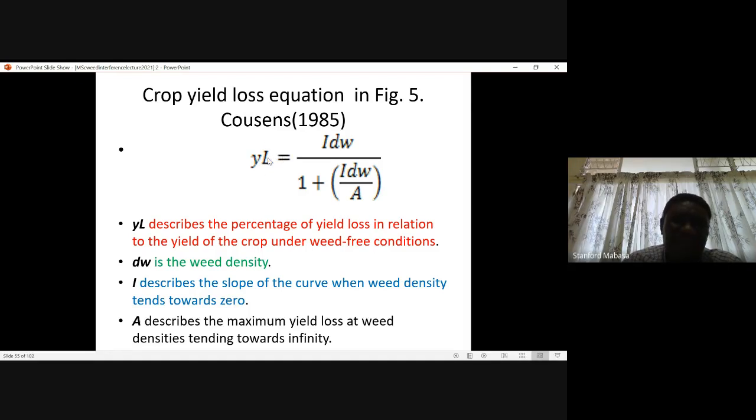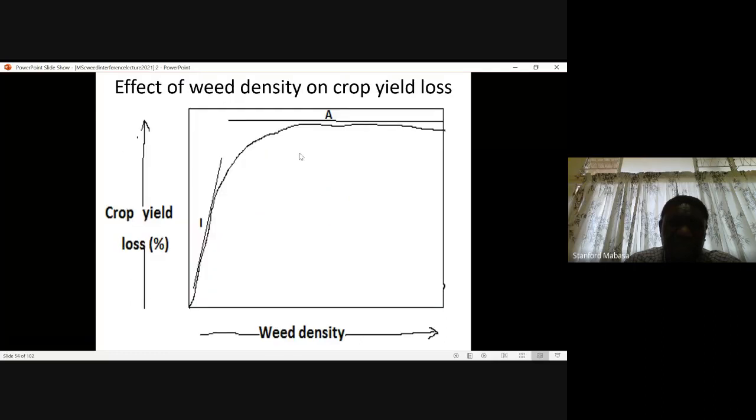YL simply represents yield loss, right? It is divided by this I. And where do we get this I? We get it from here.